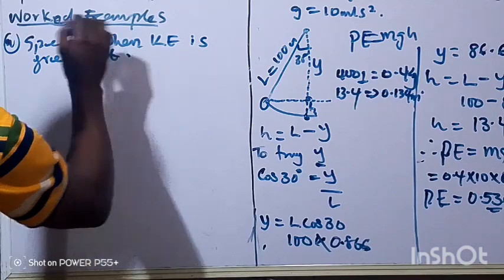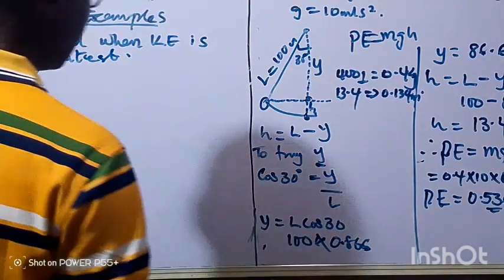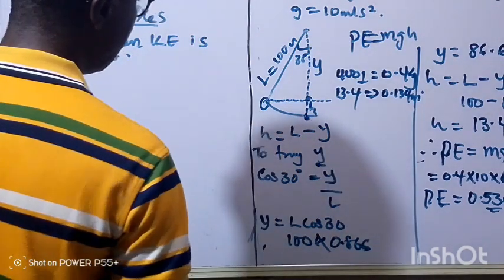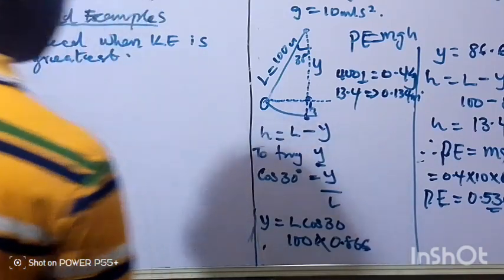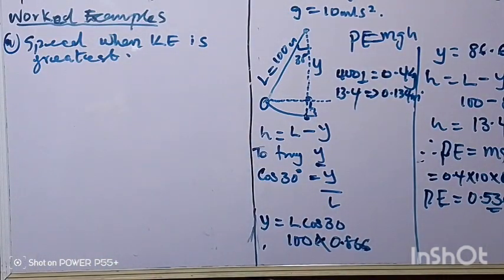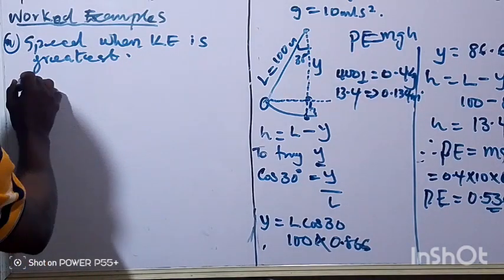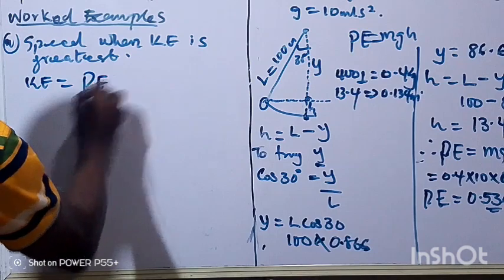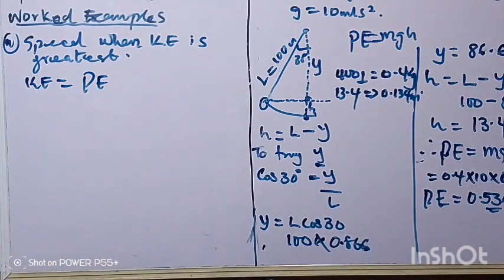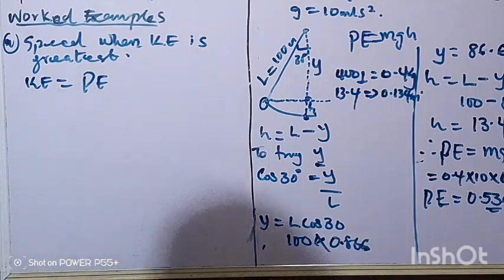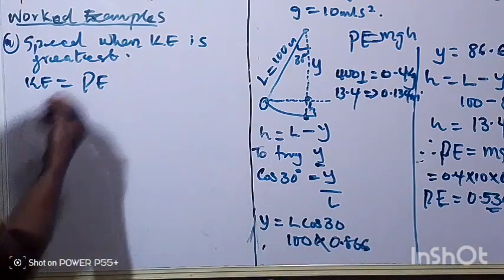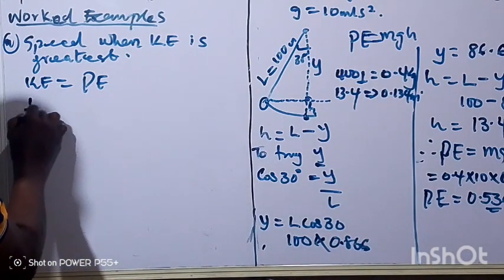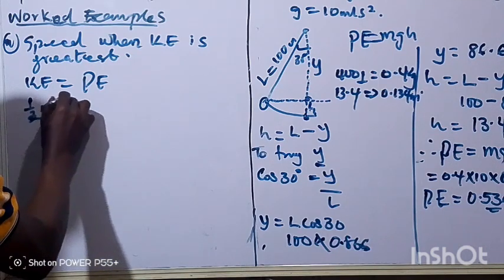Now, according to the diagram, KE will be greatest when all the potential energy has been transformed or converted to kinetic energy. That is when KE is equal to PE. And the magnitude of the KE is half mv squared. That is equal to PE.